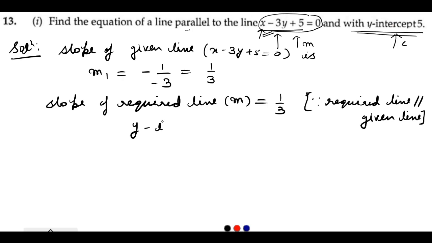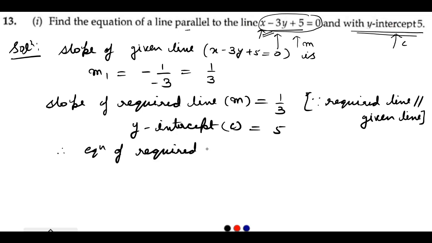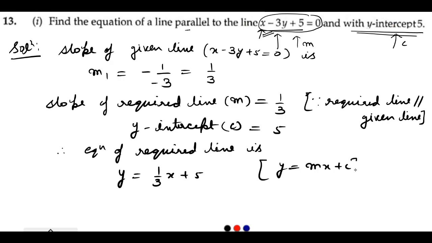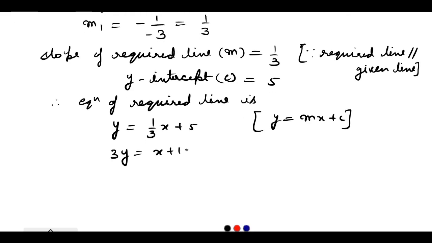And the y-intercept means the value of c is 5. Therefore, the equation of the required line is y is equal to mx plus c, x minus 3y plus 15 is equal to 0.